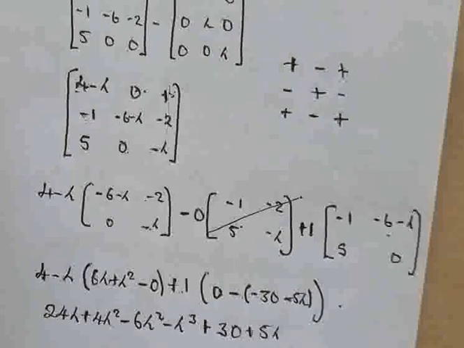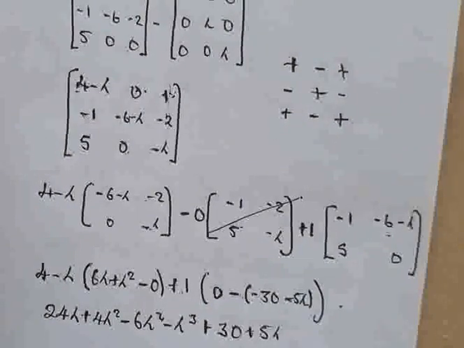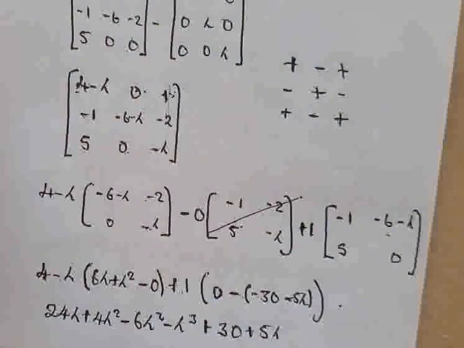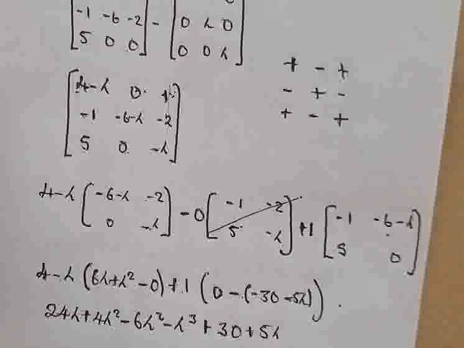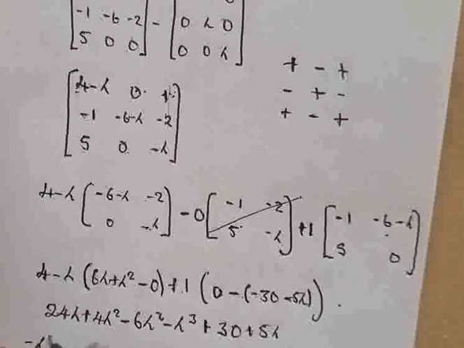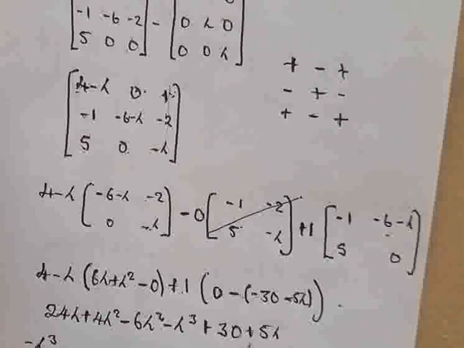So from here we can group the like terms. Of course, we're going to start with the one that has the highest power. So we have negative lambda cubed there. We'll start with negative lambda cubed, because it's just alone. Now we have these two here which are squared.